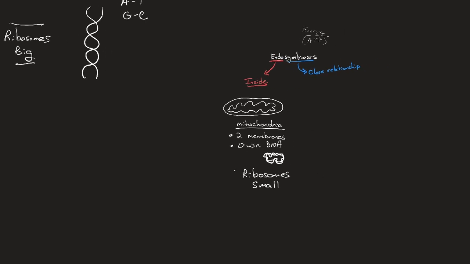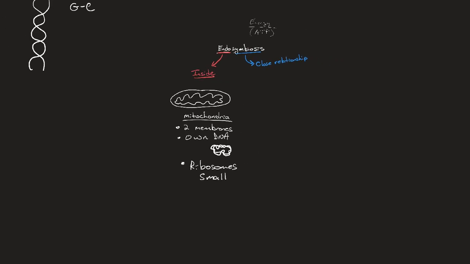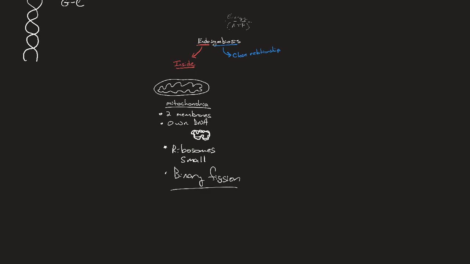The ones in the mitochondria are small. And the mitochondria have their own genes, and the mitochondria have two membranes. The mitochondria do their own division. They do binary fission. All on their own. They make themselves.